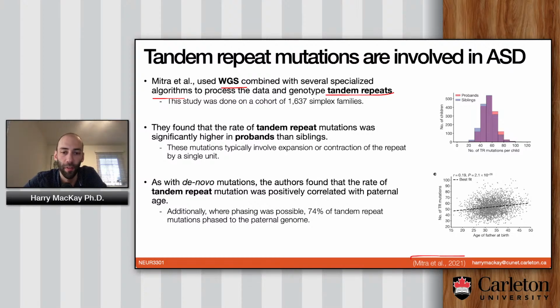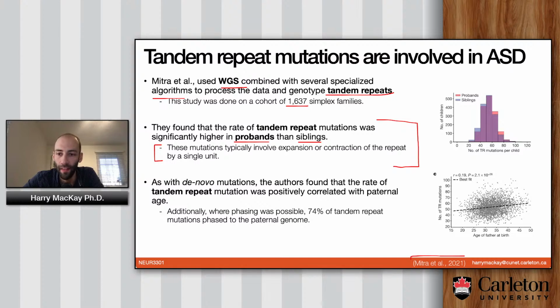Remember, 1,600 some odd simplex families. Simplex families are where one kid has ASD, but the other kids don't. And what they found is that the rate of tandem repeat mutations was significantly higher in probands, the people who are actually cases, than their control siblings. And these mutations typically involve expansion or contraction of the repeat sequence by at least 1 unit.